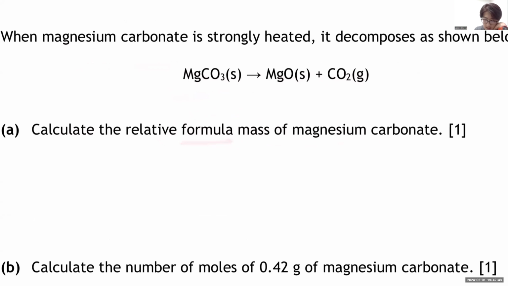So we use the word formula mass when we are looking at the mass of an ionic compound. We will use the word molecular mass for what kind of compound then?